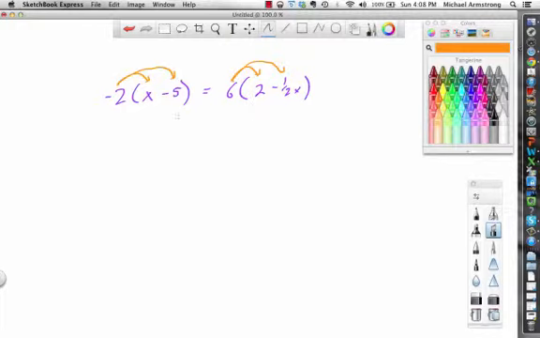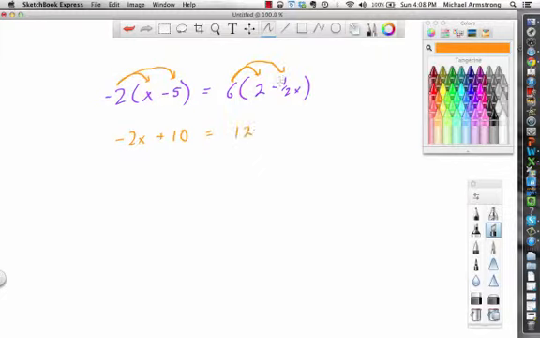So it ends up looking like negative 2 times x, that's this first one, and negative 2 times negative 5 is positive 10. And over here, 6 times a positive 2 is 12.